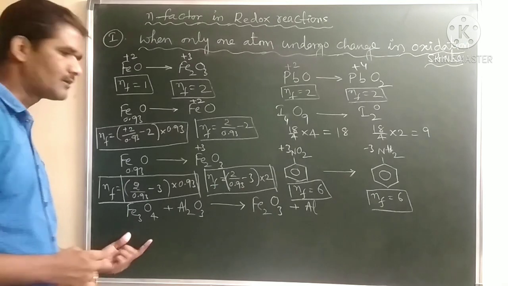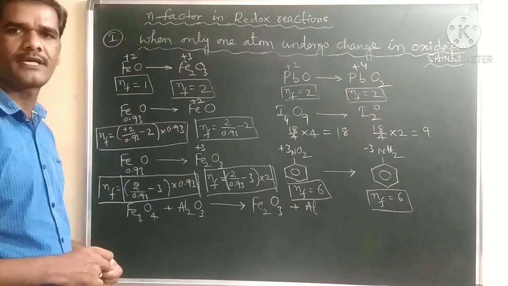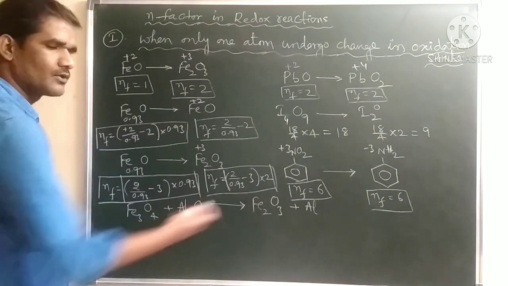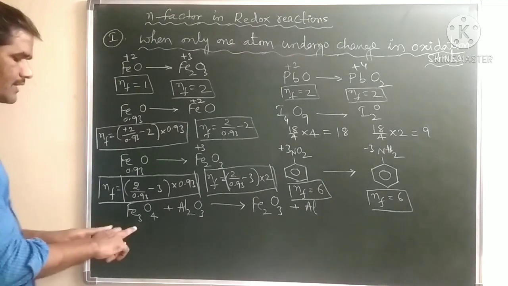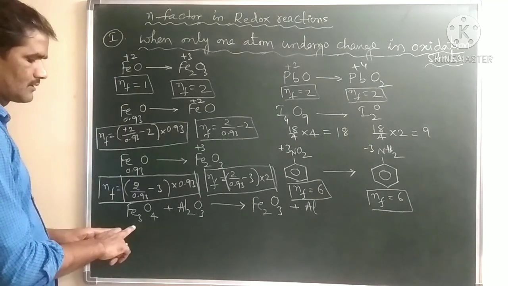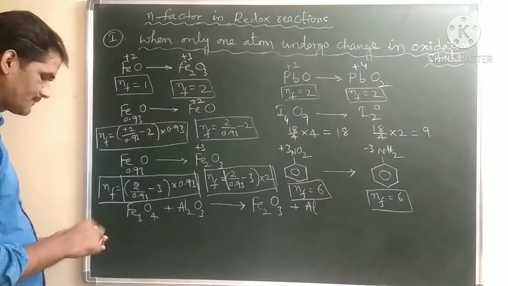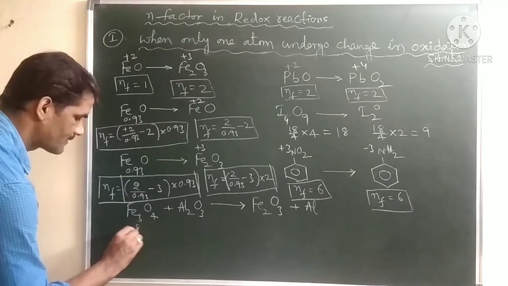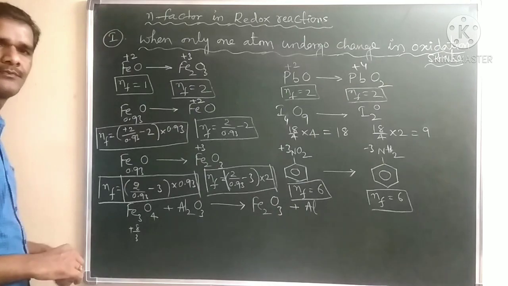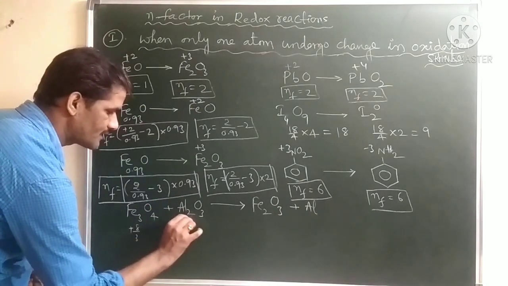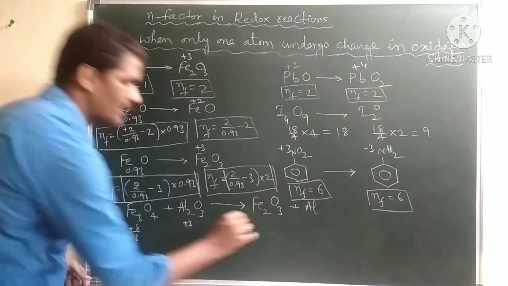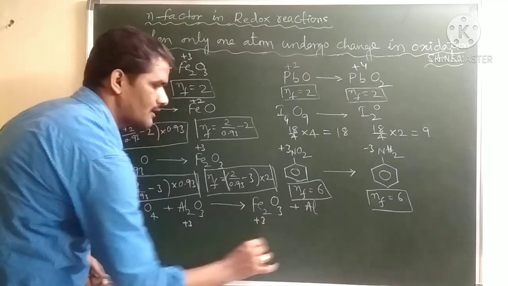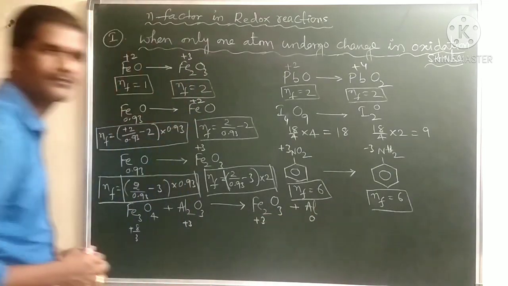If you take it in the form of a reaction, you can also check. There are two reactants and two products. Here the oxidation state of iron is plus 8 by 3. Here aluminium is plus 3. Here iron is plus 3 and aluminium is 0.